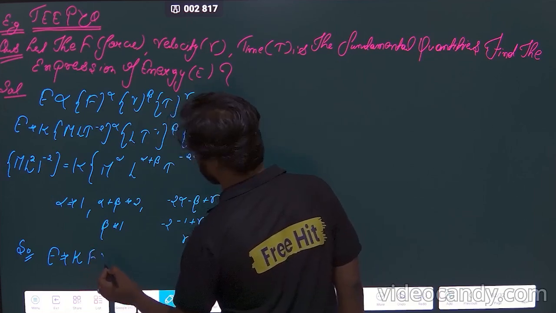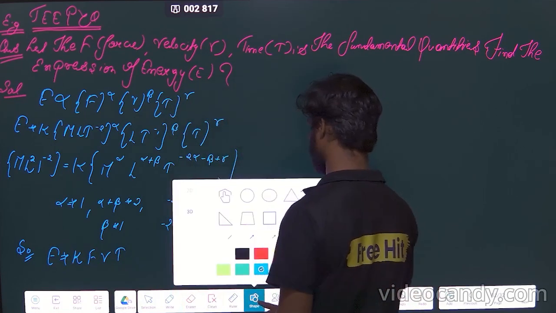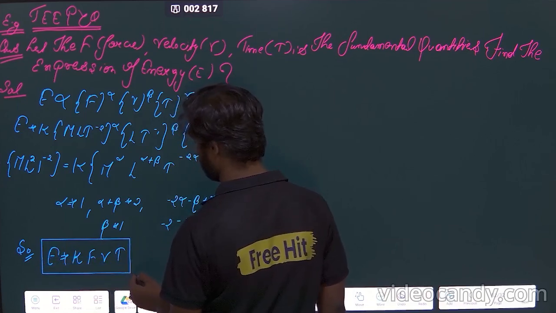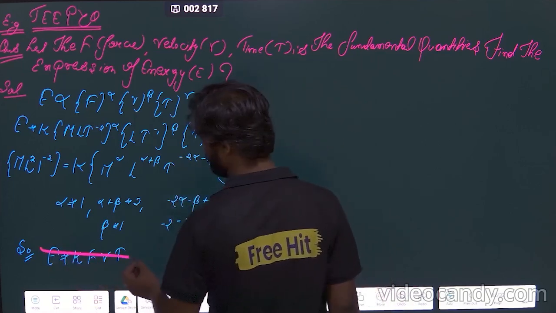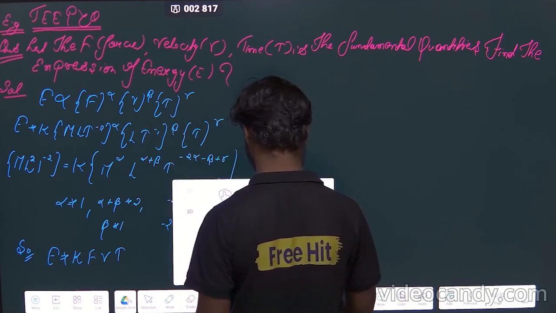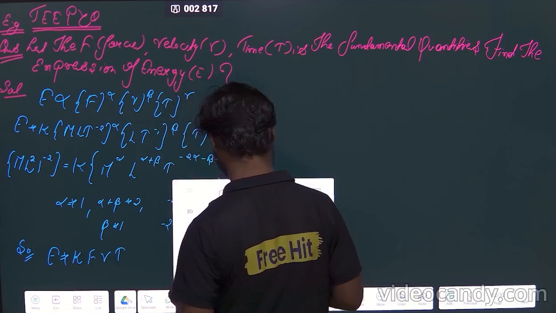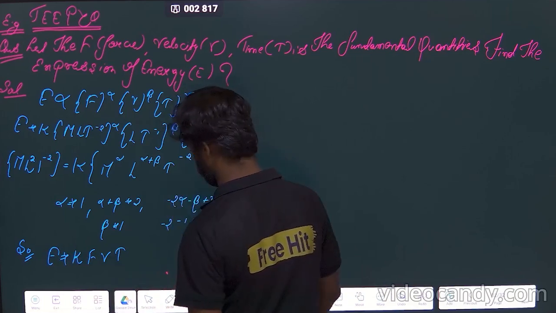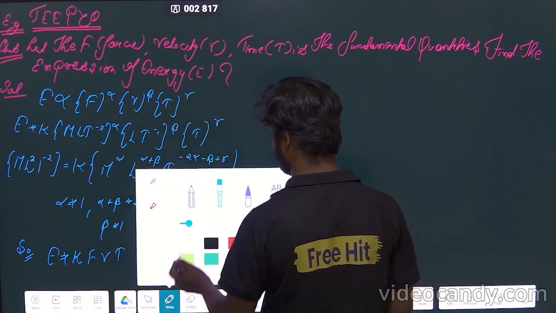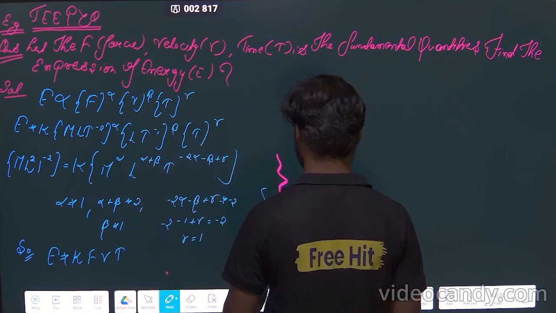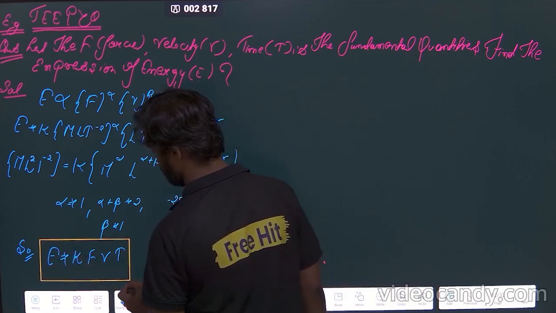So my energy will become some k times FVT. So this is your answer.